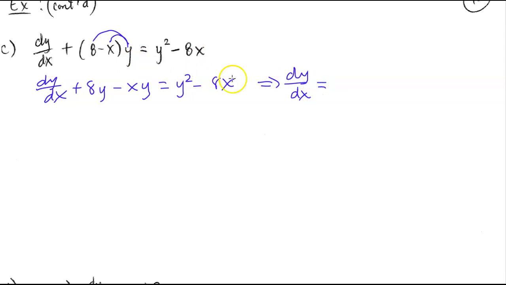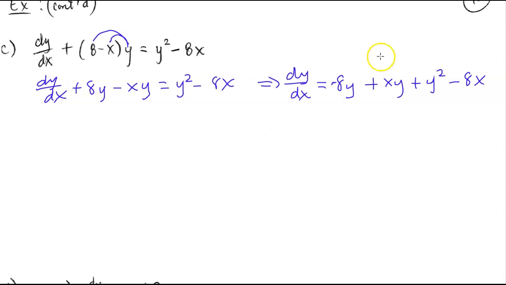And then of course, to get dy over dx by itself, I would subtract 8y from both sides, add xy to both sides. So I would have minus 8y here plus xy here plus y squared minus 8x.